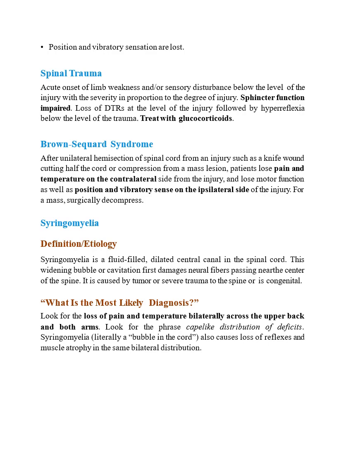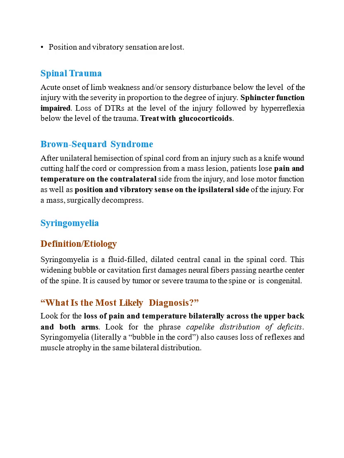If the question asks what is the most likely diagnosis, we need to look for loss of pain and temperature bilaterally across the upper back and both arms. This is the most important.